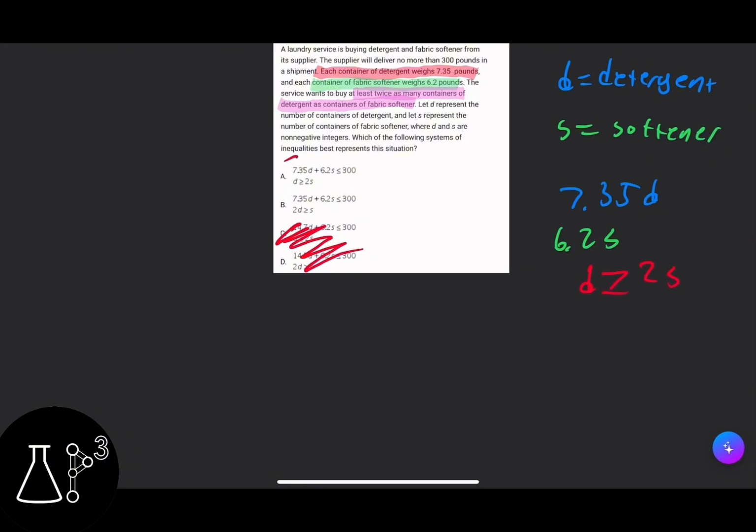At A. And remember, C and D did not work because they multiplied 7.35 by 2 for no exact reason, and they're asking about each container of detergent and fabric softener, how much we can have of each in order to not surpass 300 pounds.